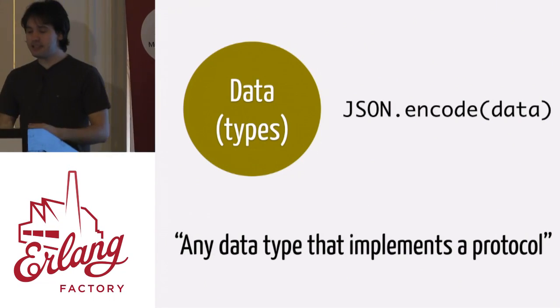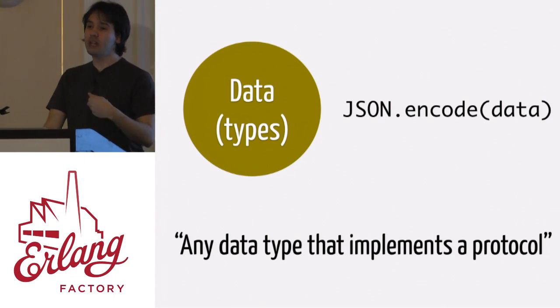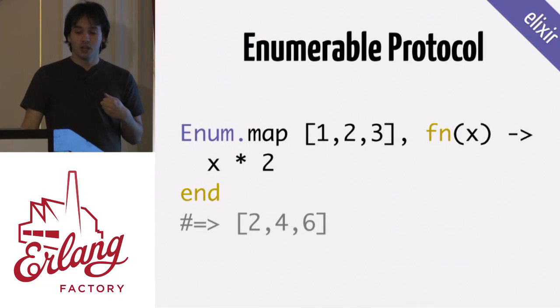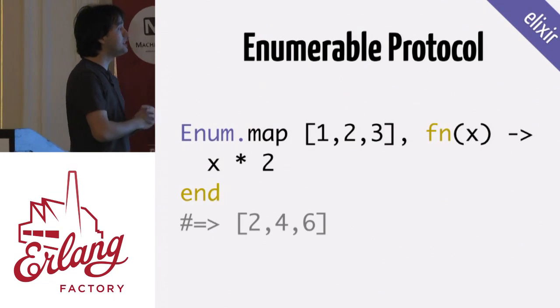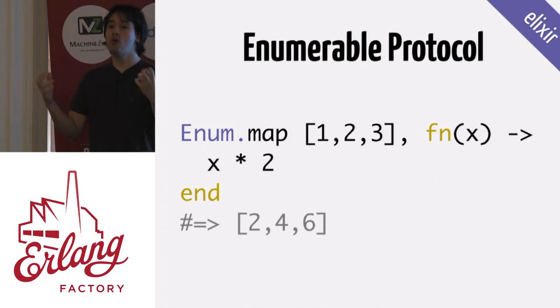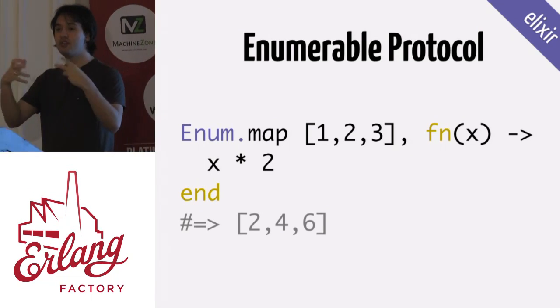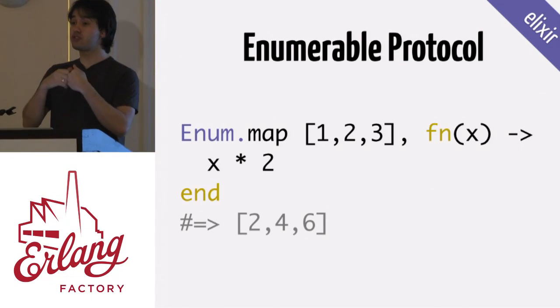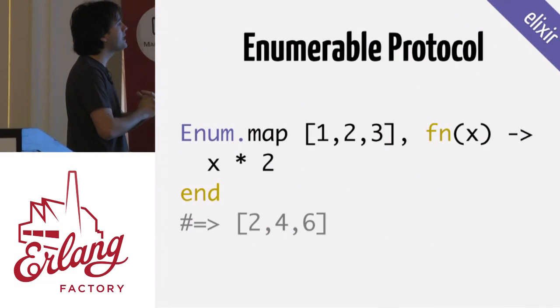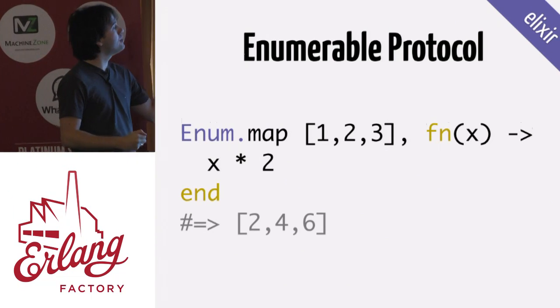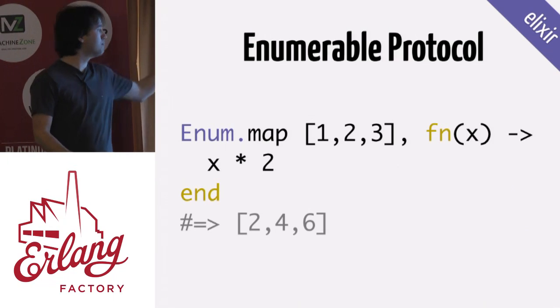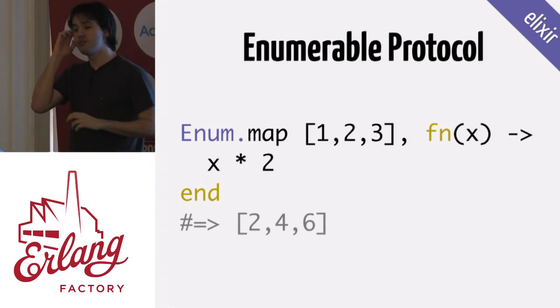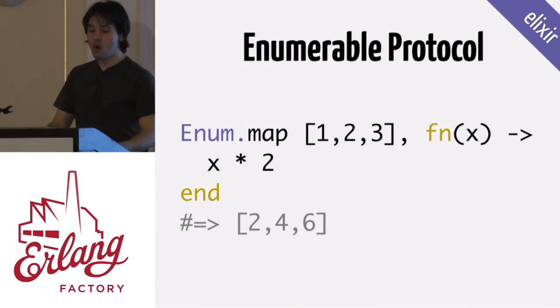One of those things is exactly to introduce the idea of collections into Elixir. So one of the protocols we have is the enumerable protocol. And the enumerable protocol tells how we can traverse data structures, how we can traverse collections. So here's how I can use the enumerable protocol to map over the numbers in the list, multiplying every element in the list by 2. Okay, so it's just mapping over this list.